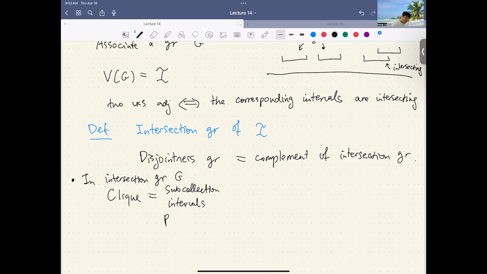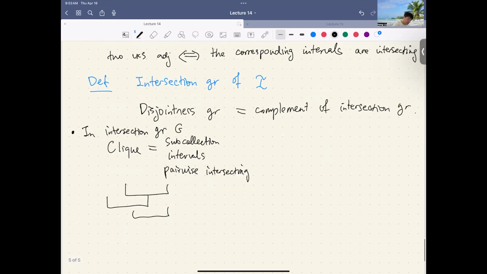So it looks like this. You have these two intersecting, these two intersecting. This is a collection of pairwise intersecting intervals. All right, you have this real line.